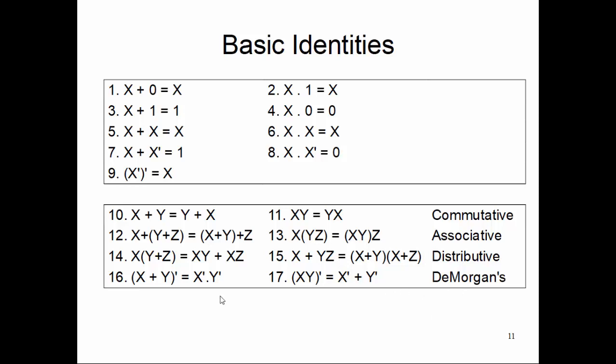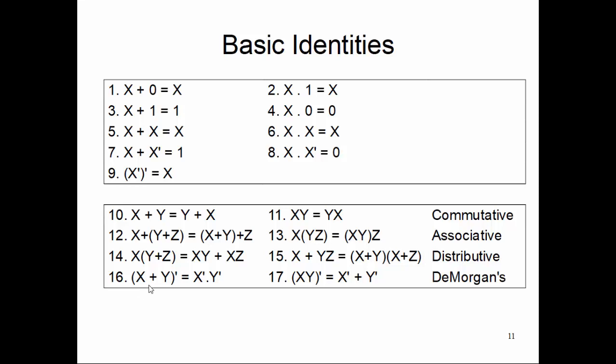Now the last but definitely not the least, that relation is called De Morgan's relation. You need to pay very specific and special attention to numbers 16 and 17, because this is possibly the most used relation in transforming Boolean expressions, maybe for a reduction, or maybe just a transformation. So please pay attention to that and remember it.